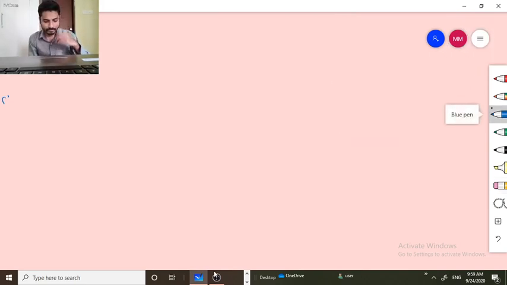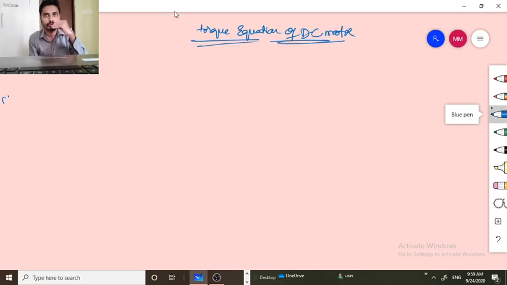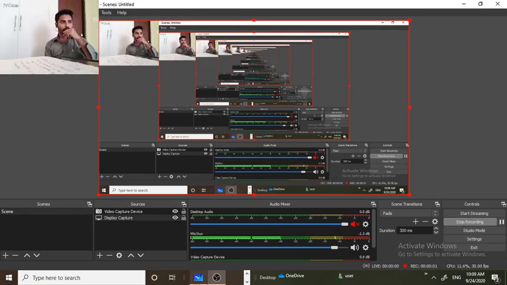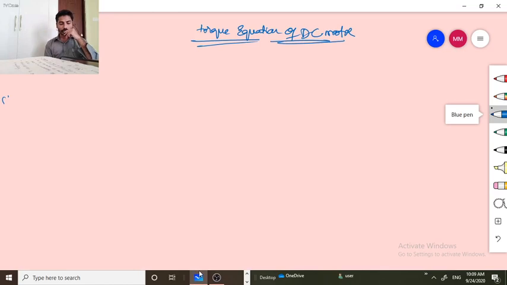Okay, now we'll see some of the problems based on the torque equation of DC motor. So in this class we'll see a torque equation of a DC motor based problem.